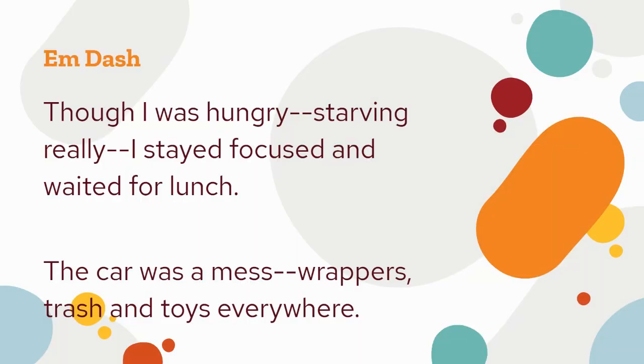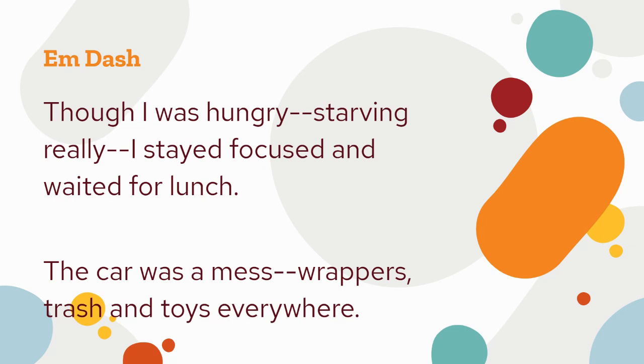So here are some examples. By non-essential, it means I can take out the part in em dashes and the sentence still makes sense. Though I was hungry, I stayed focused and waited for lunch, right? So the em dash part adds something extra, the starving, really. And em dashes are not usually used a lot, so when they are used, they really stand out.